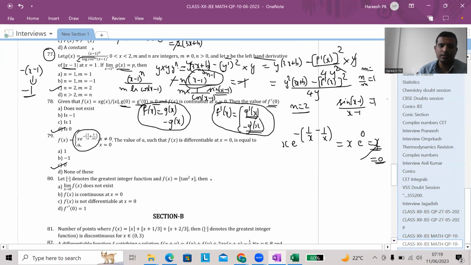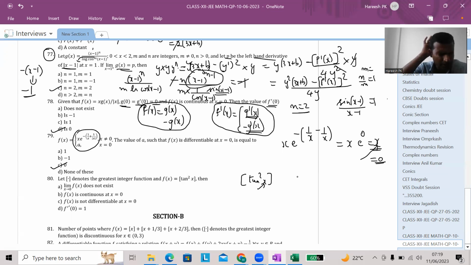And the 80th question, greatest integer of tan square x. Whenever x is positive, tan 0 is 0. So when x is 0.001, tan of 0.001 will be a very small number. So the greatest integer of that will be 0.